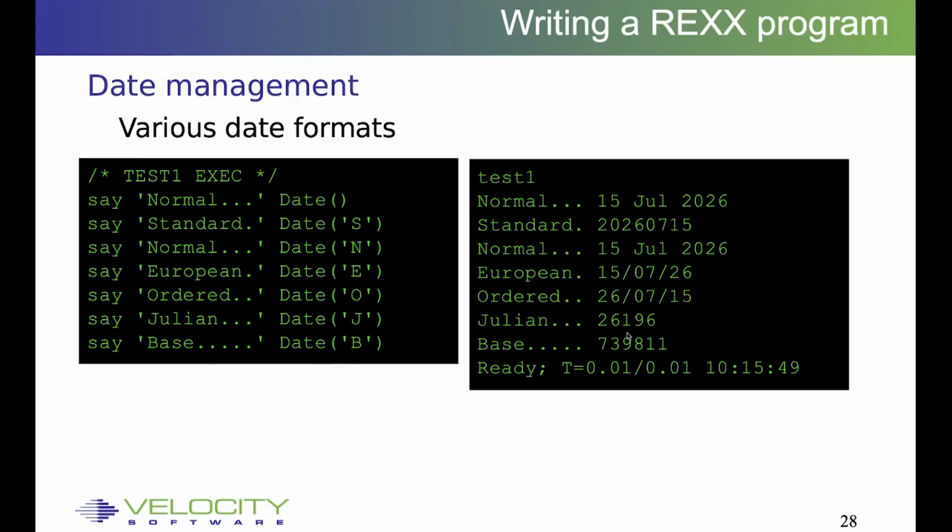What's interesting here is in the output, we see what they all look like. Normal is what you get if you don't provide an option in the date function, it will return the date in this normal form. And that's exactly what N is, so that's why these values are the same. What's interesting here is this base date, and we'll talk about the base date shortly.